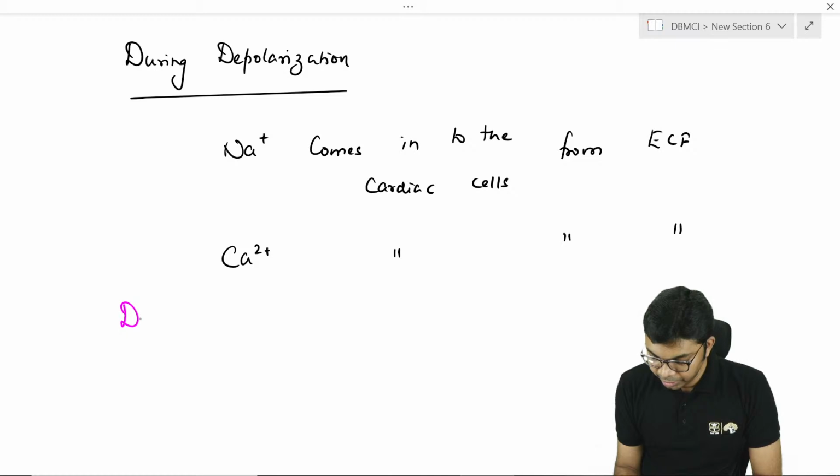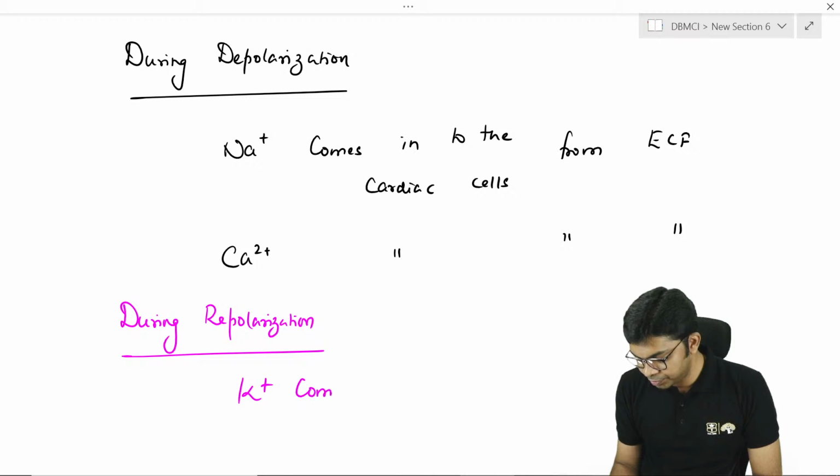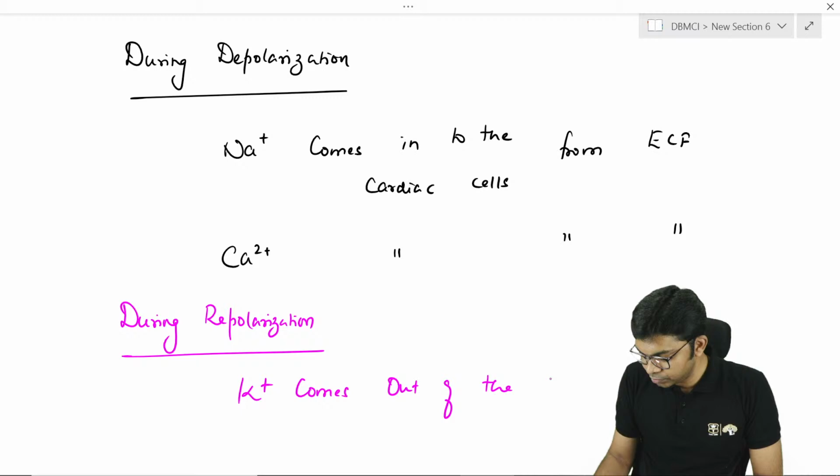Now, during repolarization, potassium comes out of the cell to extracellular fluid.